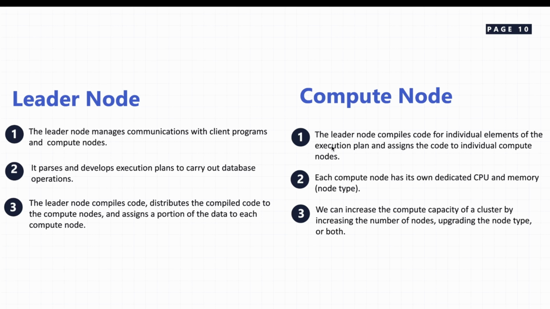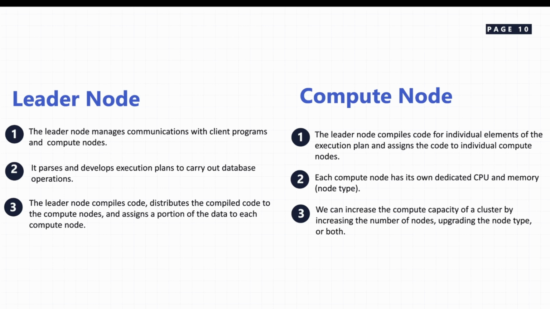What is a compute node? The leader node compiles code for individual elements of the execution plan and assigns the code to individual compute nodes. Whatever task is assigned to a compute node, it executes only that task. That's the work of your compute node. Each compute node has its own dedicated CPU and memory.